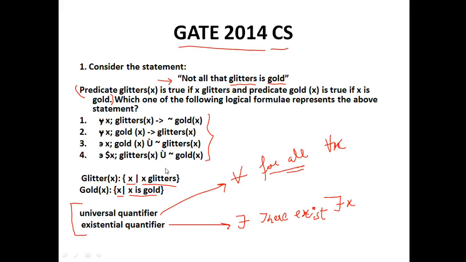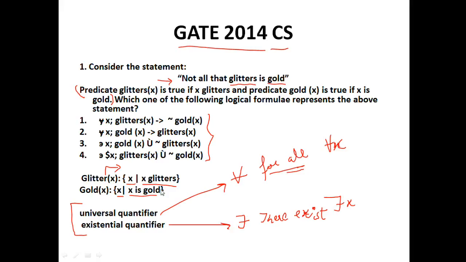What do these mean? These mean that x can take some value, whichever comes in this domain, it will be true if it glitters. So say I saw something shining from far away, and I said, yes, this is gold. But one of my friends came and saw me seeing that shiny thing.